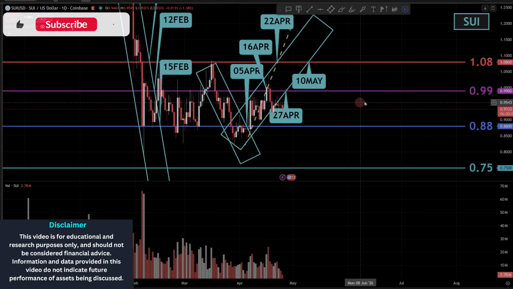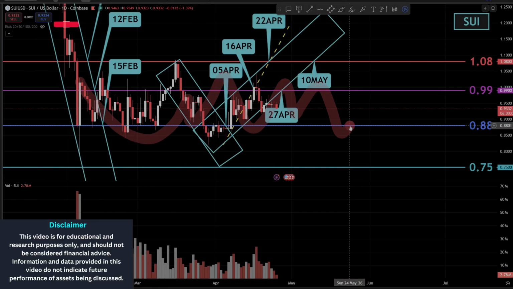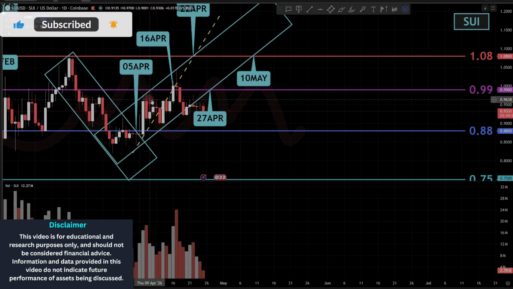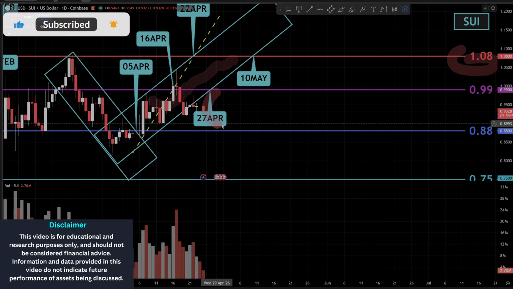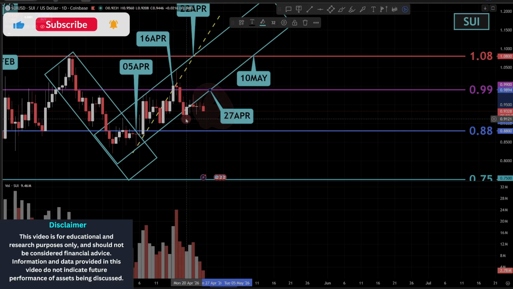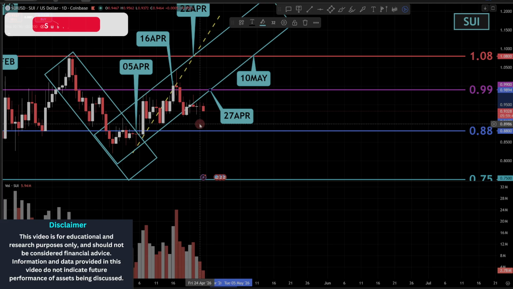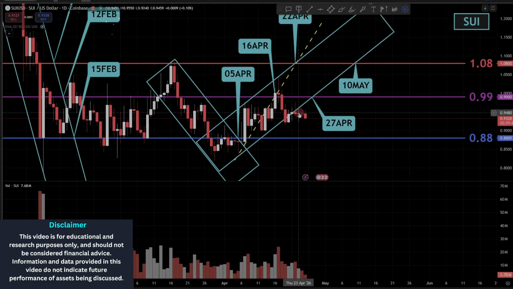Okay, so here, base case sideways, we talked about the uptrend. Last week we said, okay, if this is really an uptrend going back to challenge the 1.08, we'll get confirmation around these dates. And unfortunately, the confirmation came earlier than expected, but close enough.